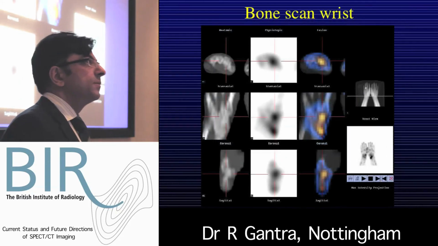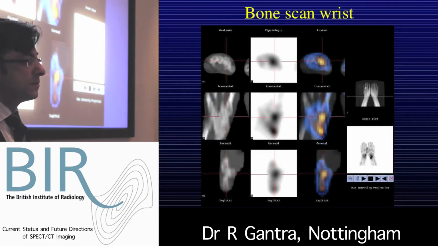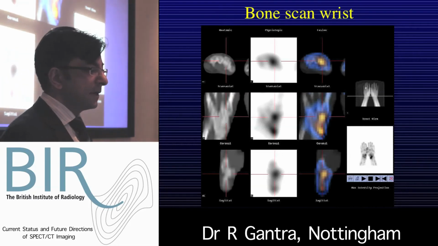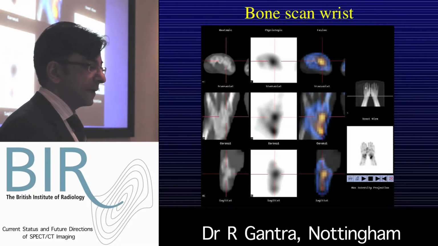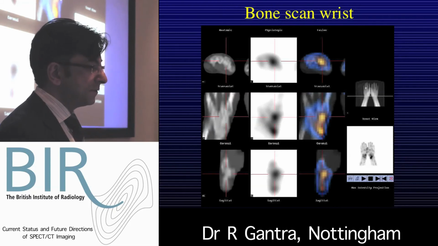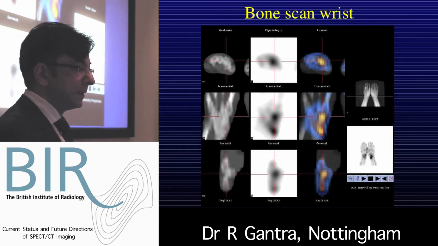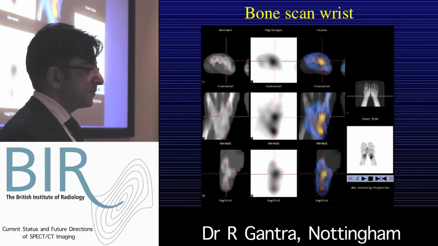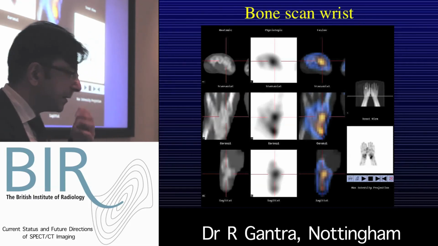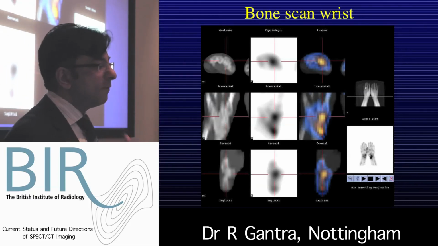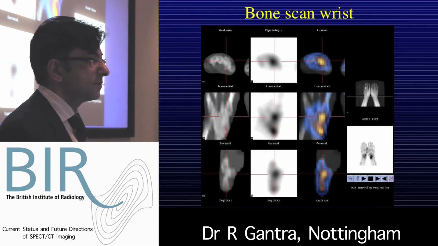It was particularly problematic in small joints, small areas, hands, wrists, and it was impossible to say, is this in the scaphoid, is this in your foot almost, because the co-registration was just so poor. I was quite excited when we got our first SPECT CT because we did a lot of bone scans for scaphoid injury because of the limitation with MR. But this didn't really confidently help because you weren't always sure whether that activity was within the scaphoid.